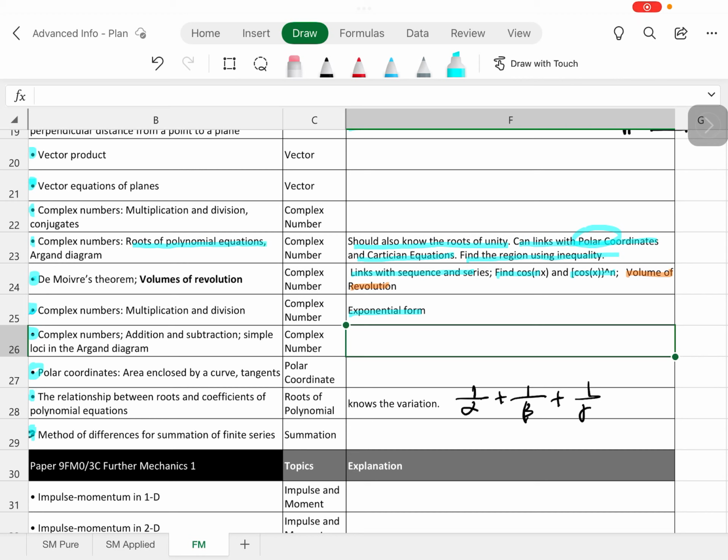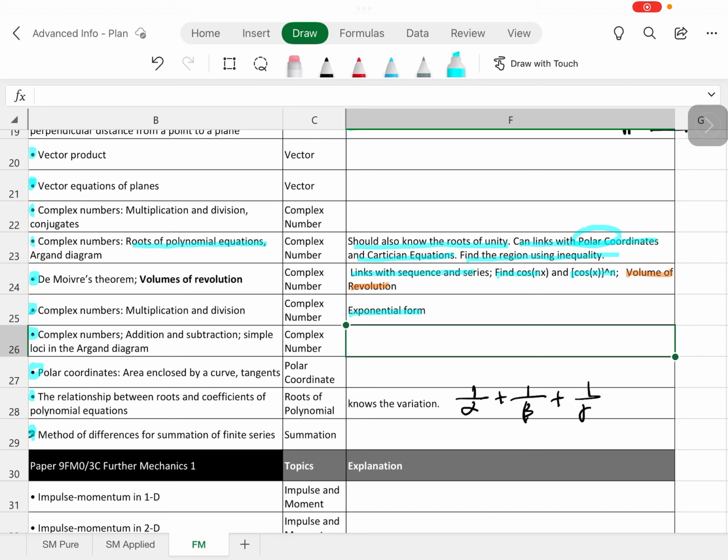If the difference of the denominator is 2, then you will keep the first 2 terms and the last 2 terms. Okay, so there's a pattern there. Make sure you understand and know how to do it. Okay, so this is the end of CP1 and 2 and Further P1.